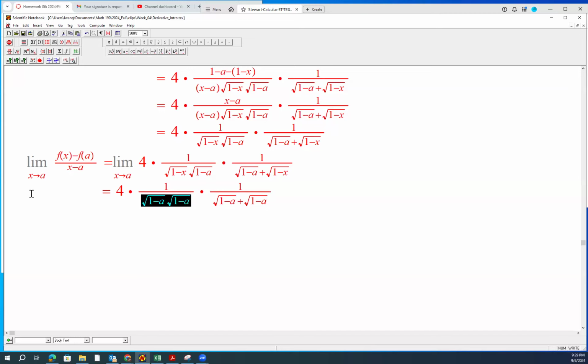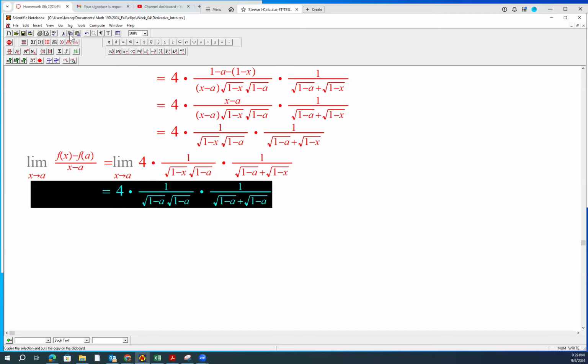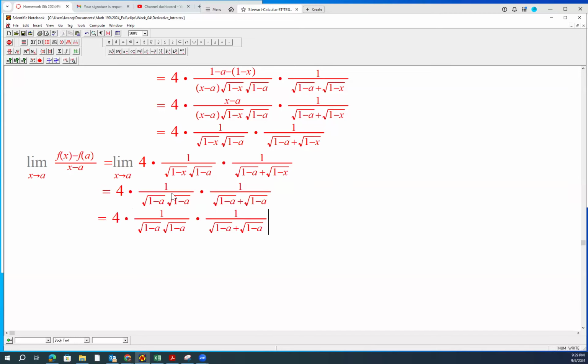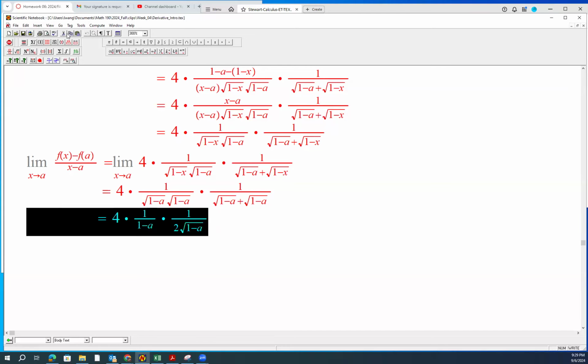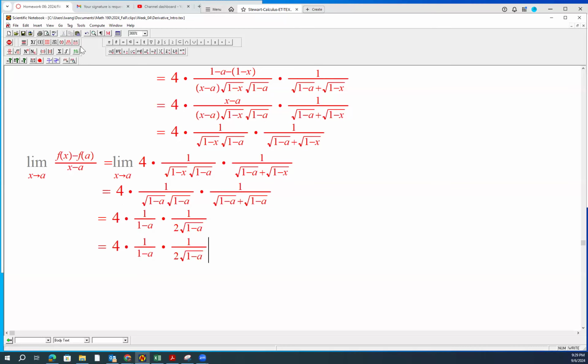This piece is just 1 minus a, because that's root 1 minus a squared. And on that piece is twice, just 2 times. Simplify further, and the 2 and 4 will reduce. So this is going to be a 2.